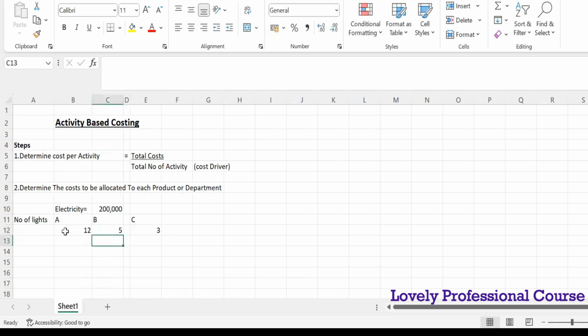This number of lights is my cost driver, the number of activity we are talking about here.